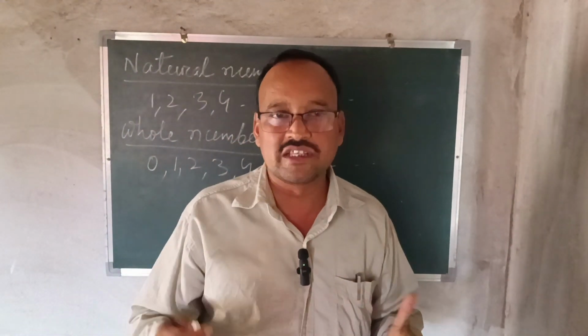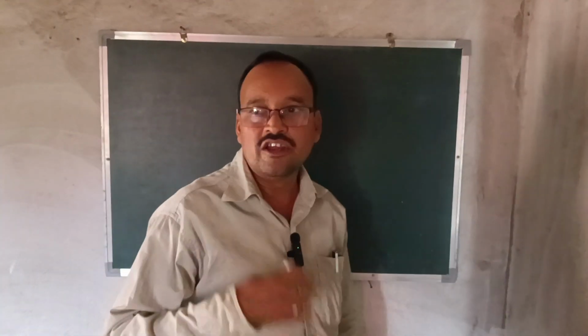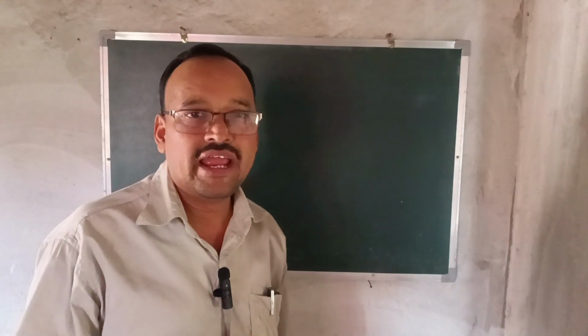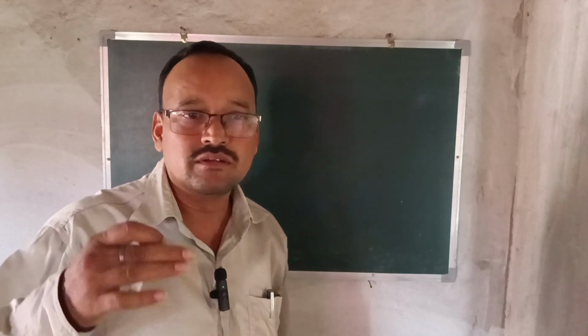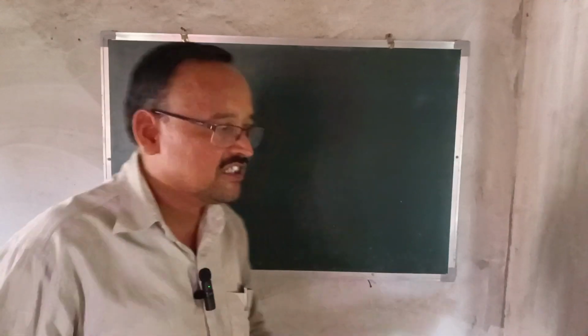And then another number which we are going to discuss is integers. Let us discuss the integers. What are integers? All negative numbers, 0 and the positive natural numbers together form the integers.